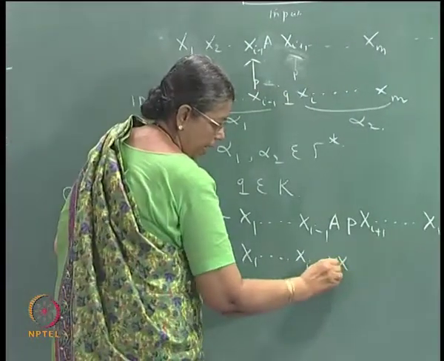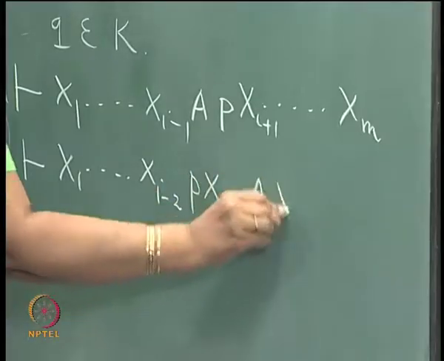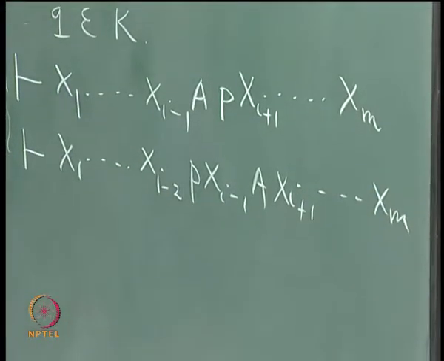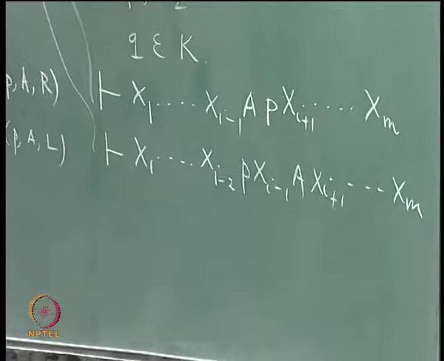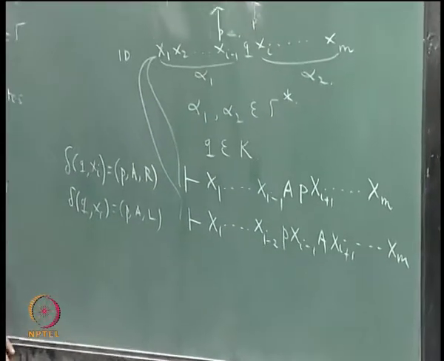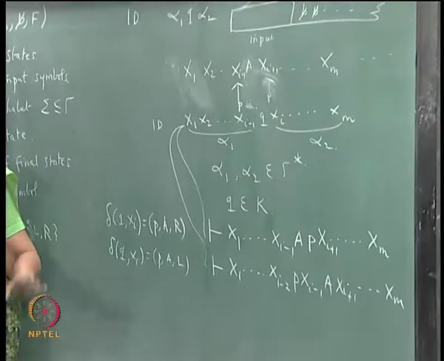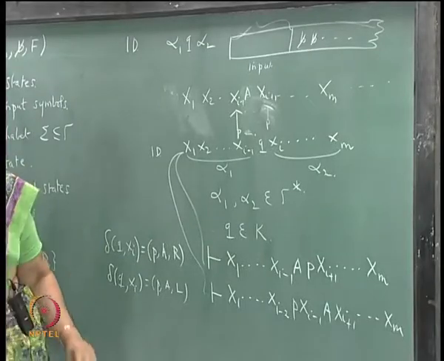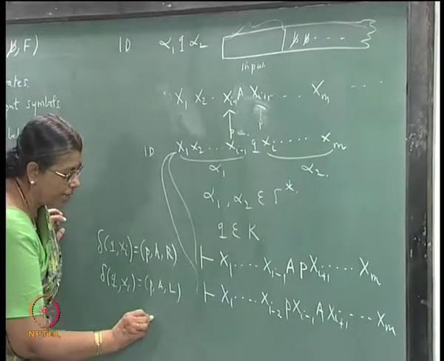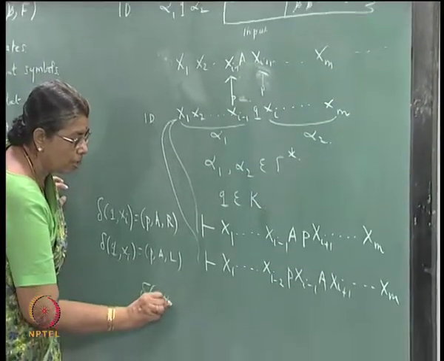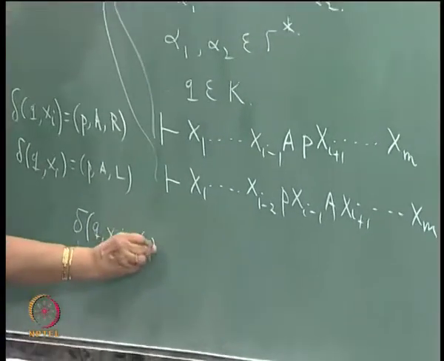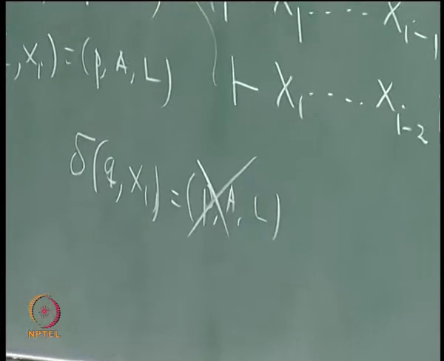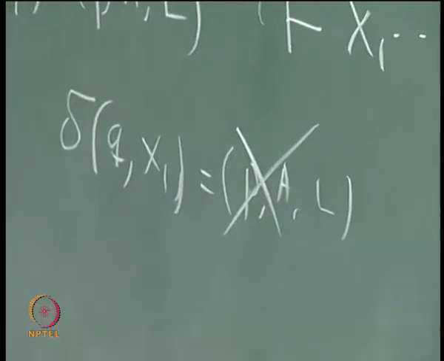This is the next ID. Is it clear? It cannot move left of the end. So, if it tries delta of (q, x1) equal to (p, a, L), this is not allowed. It has to stop, it will halt, right.